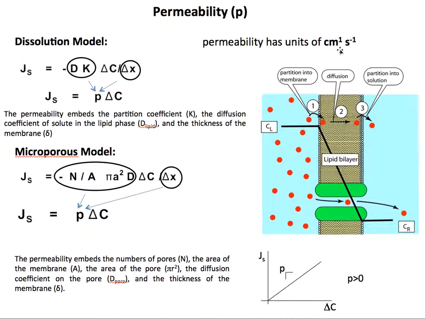So something can dissolve better in the organic layer, or something can dissolve better in the aqueous layer, aqueous being water layer, and then organic layer being the lipid layer.